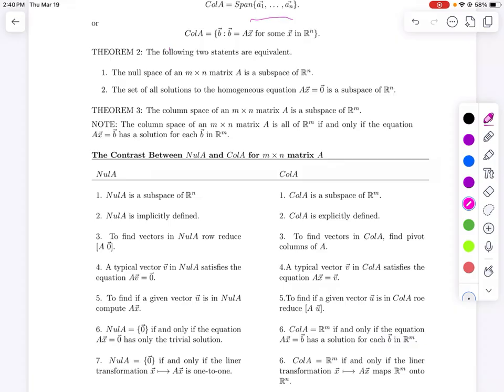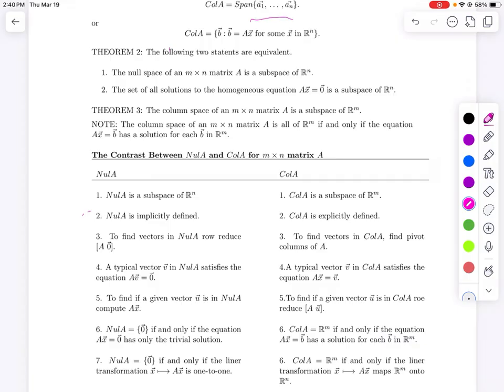Here is a contrast between the column space and the null space. The first point to note is that null A is a subspace of Rn, as mentioned in the above theorem, and column A is a subspace of Rm. Second, null A is implicitly defined and the column space is explicitly defined. What does that mean? It means the column space is basically in front of you.